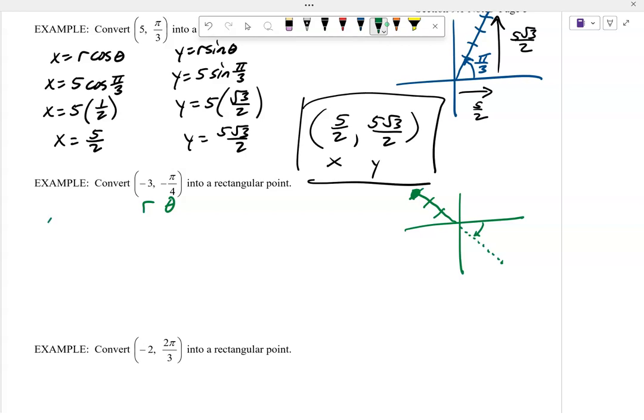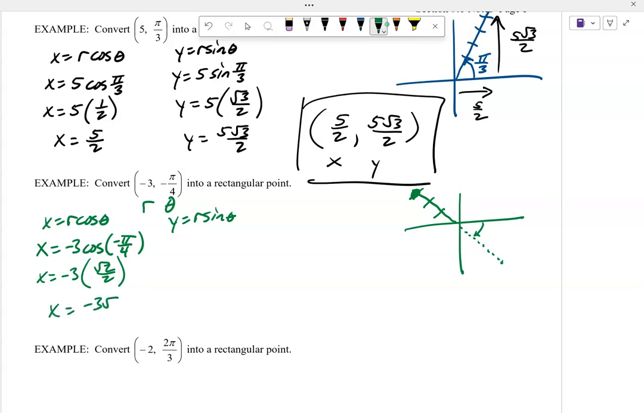So I say, well, x equals r cosine theta. y equals r sine theta. x equals -3 cosine negative pi fourths. I look on my unit circle, cosine of negative pi fourths is √2 over 2. So I got -3√2 over 2.